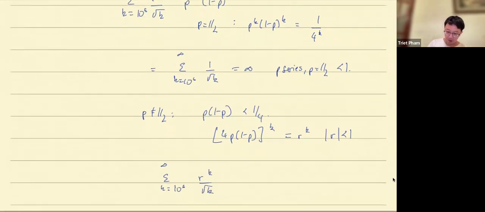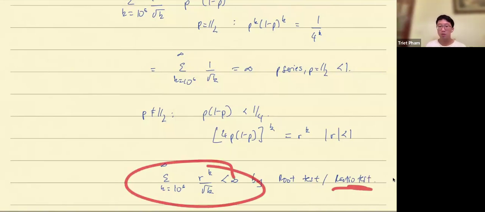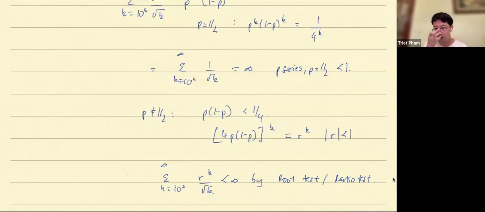But of course, being tempered by something like square root of k doesn't really matter, because it will be finite by, take your favorite, root test or ratio test here. Any root test or ratio test will tell you that this sum is finite. All right, any questions?